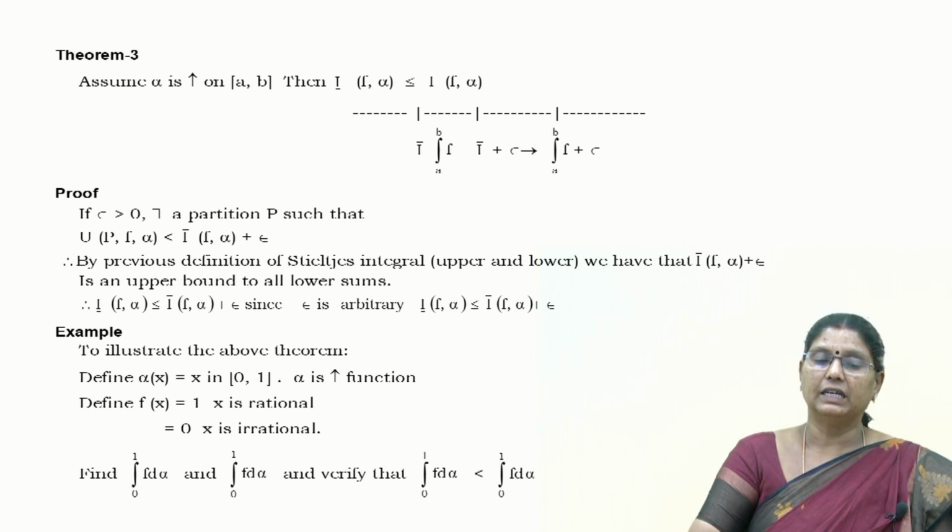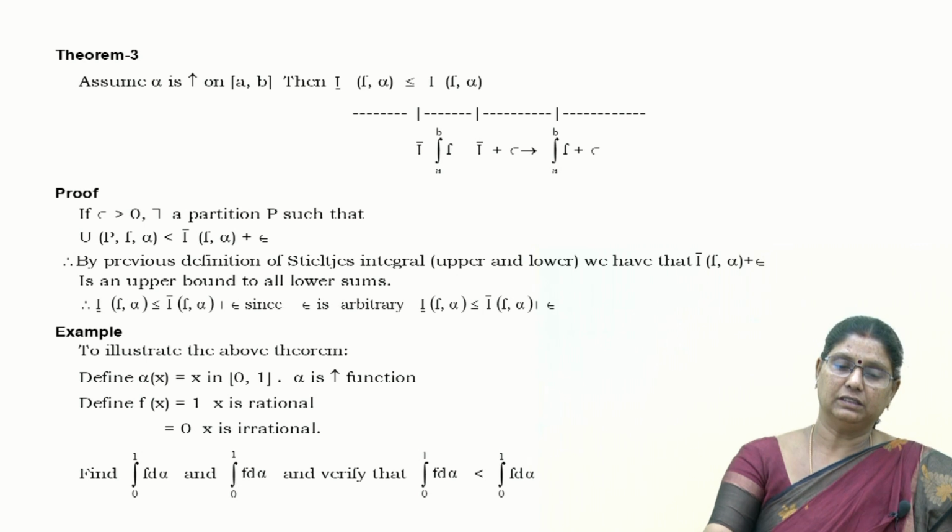Thus, the lower integral of f, alpha is less than or equal to the upper integral of f, alpha plus epsilon, since epsilon is arbitrary. Therefore, the lower integral is less than or equal to the upper integral.